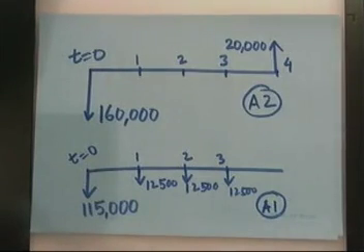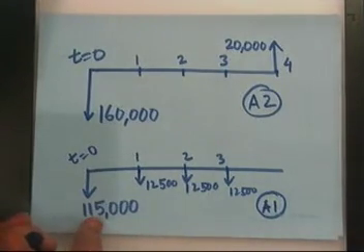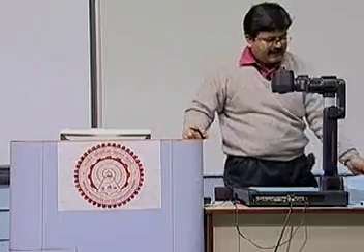Why? Because I have to reach a common value of 12. So A2's investment needs to be repeated 3 times, whereas A1's investment needs to be repeated 4 times. So the cash flow diagram would be like this now.